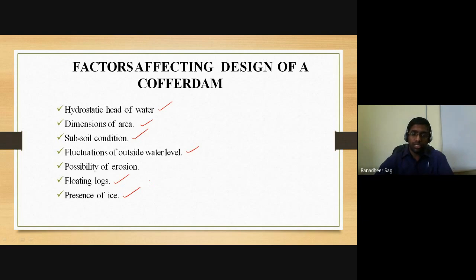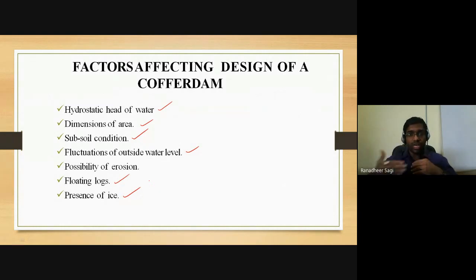So in such places, do you have any presence of this ice in static condition or in flowing condition? That would also dictate how the design of the cofferdam has to be done. If ice is static, the forces coming into the picture because of the static ice on the surface walls of your cofferdam would be something.